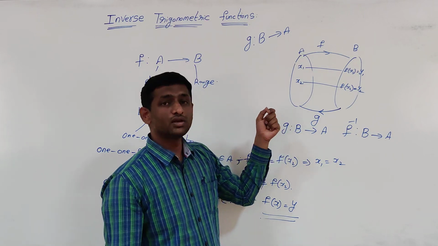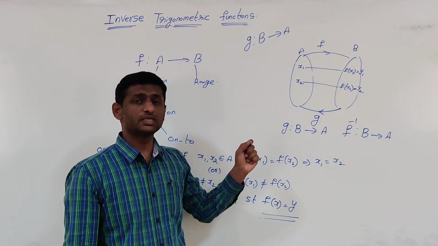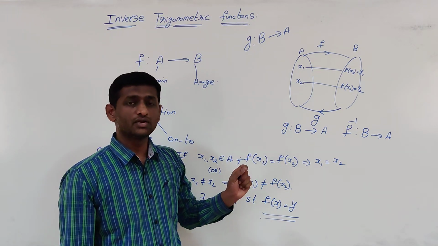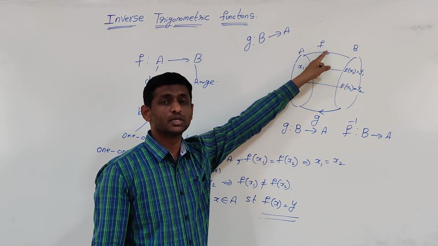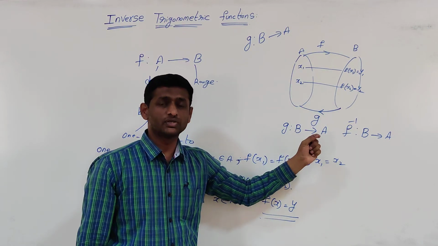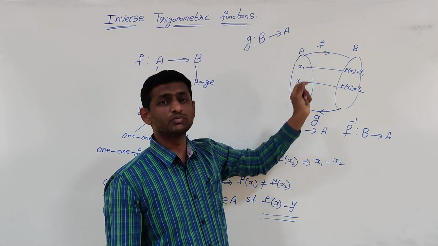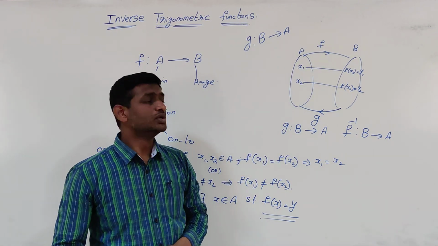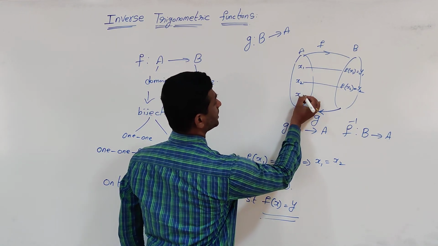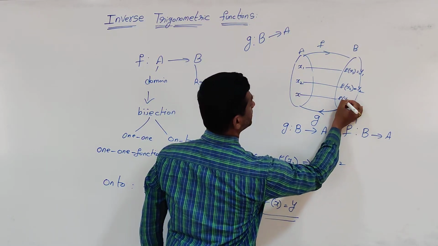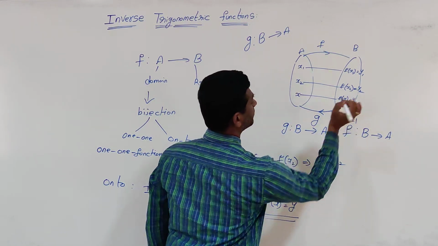So in order for an inverse function to exist, first of all the function f should be a bijection. In order to find the inverse function, first of all the function f should be a bijection, that is, it should be both one-one and onto. Similarly, if x is the input, then f of x is the output, and that is denoted by y.